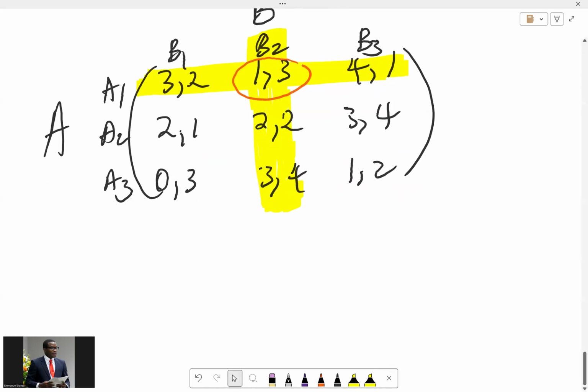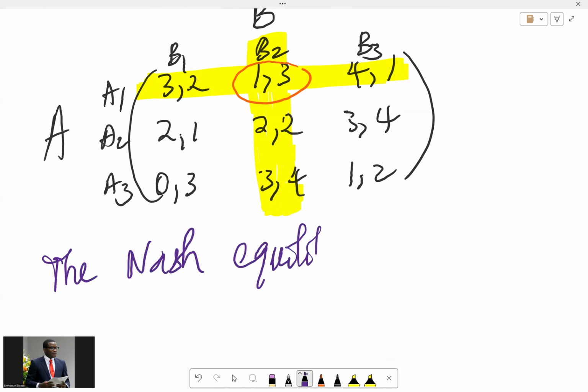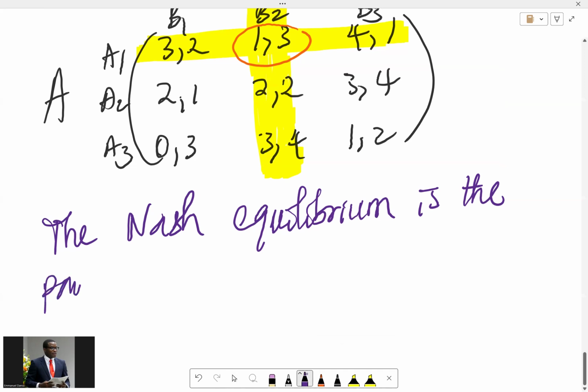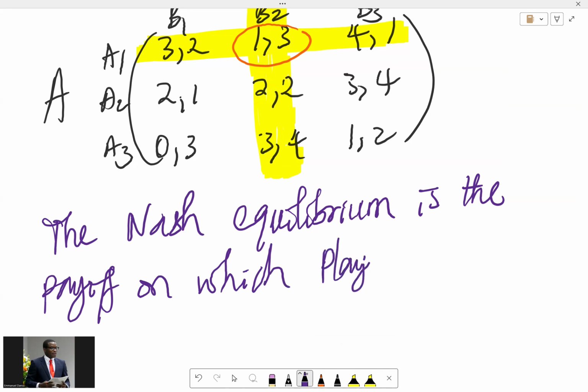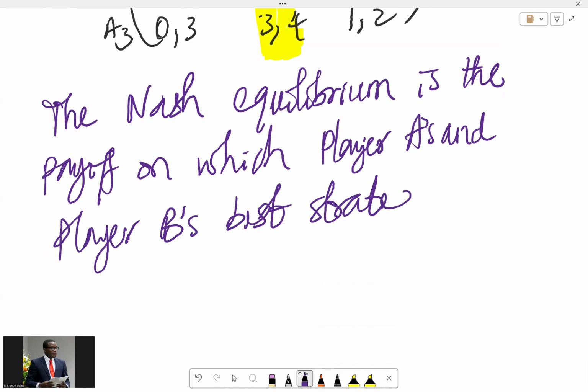Okay, let me say that the Nash equilibrium is the payoff on which player A's and player B's best strategies intersect.